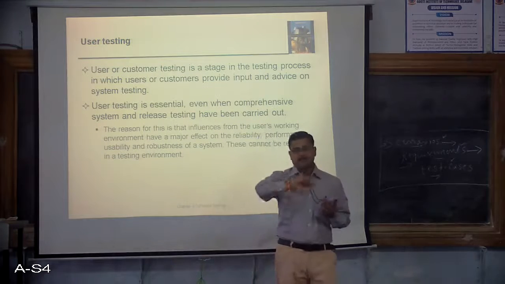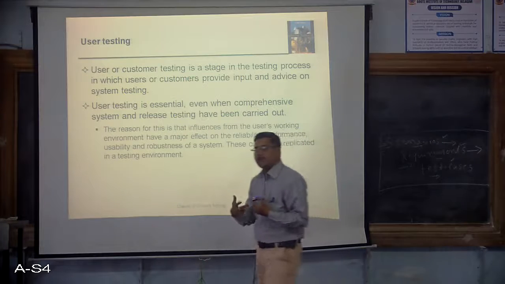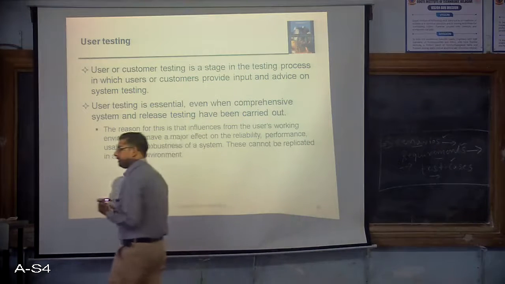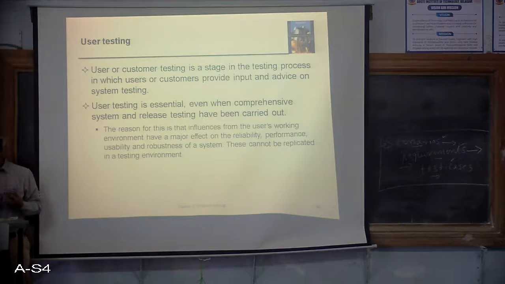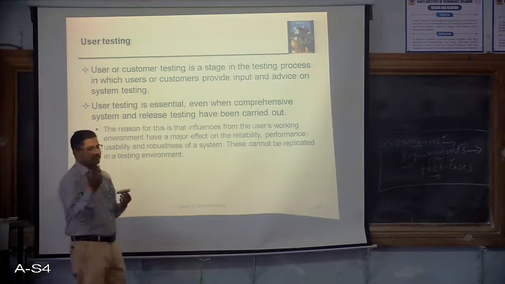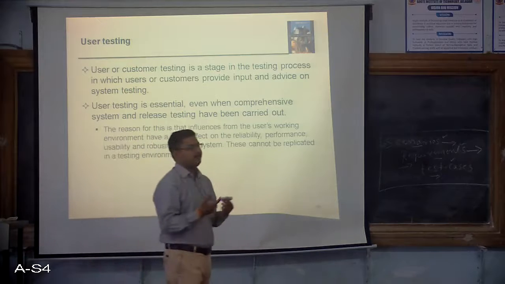There are some criteria we use while performing user testing. It is very important for the system developer to replicate the system working environment, and in the developer environment we produce artificial data. For example, if we want to produce college software, first we produce some artificial data.